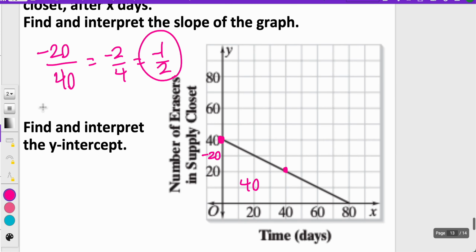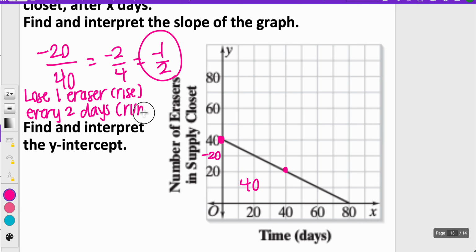So that just means for every 1 eraser I lose, that's my rise, every 2 days, that's my run, okay? Then it says find and interpret the y-intercept.